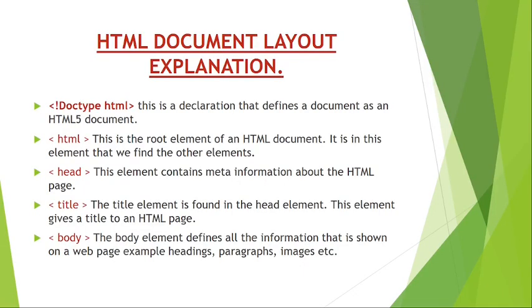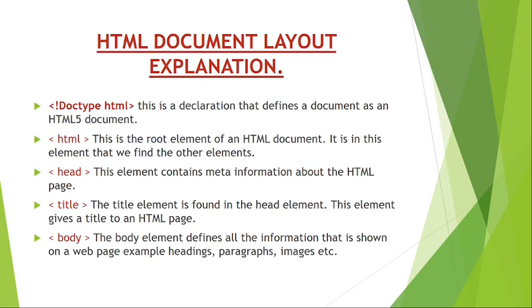In this part of the video, I'm explaining the HTML document layout. The first thing you find on an HTML document layout is the doctype. This is a declaration that defines a document as an HTML5 document. There are different types of doctype declaration, but this is the one that is widely used.